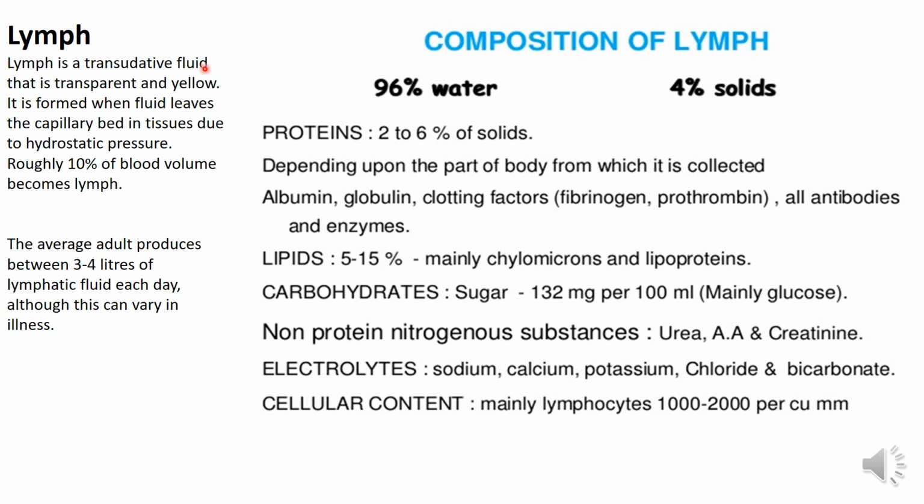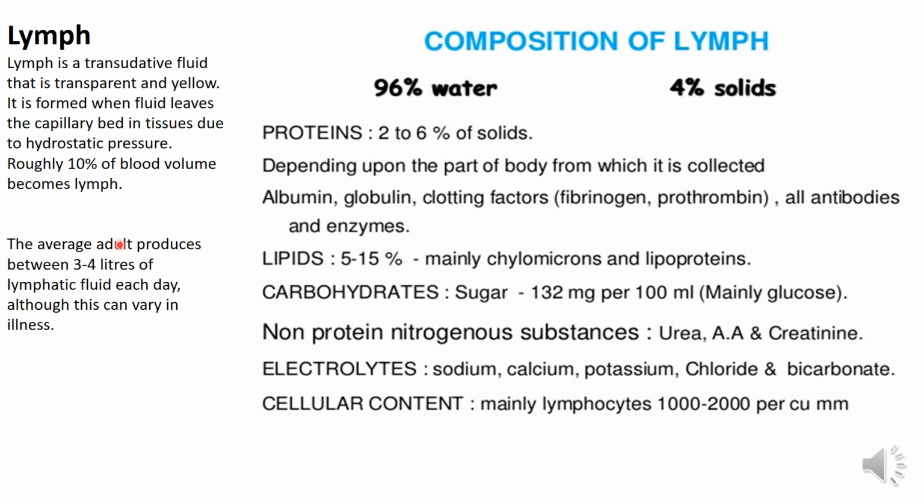Here you can see what lymph is. It is a translucent fluid, transparent and yellow in color. In the previous slide we saw that when the excess fluid leaves the capillary bed in the tissues, it is collected by lymph channels and that is called lymph. It is roughly around 10% of blood volume.